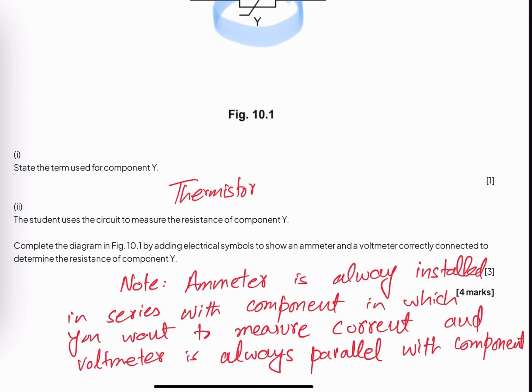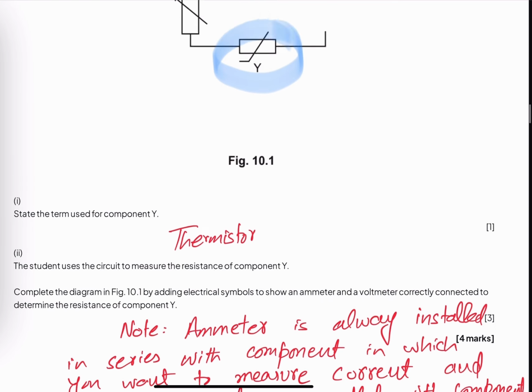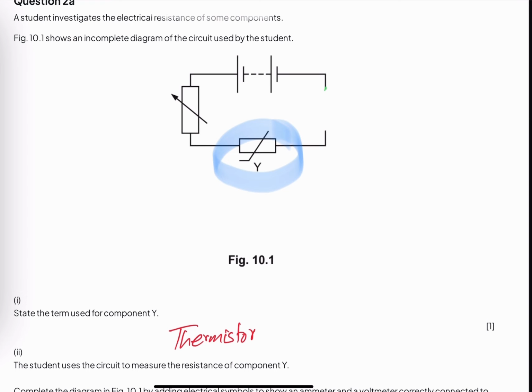Okay, so where is the component? The component is this. So we have to draw an ammeter. If I want to draw an ammeter in series, this will be the ammeter, symbol A. So the Y and ammeter are in series, and if I have to draw a voltmeter in parallel, these are the two terminals of the component Y, so I have to attach the voltmeter with these.